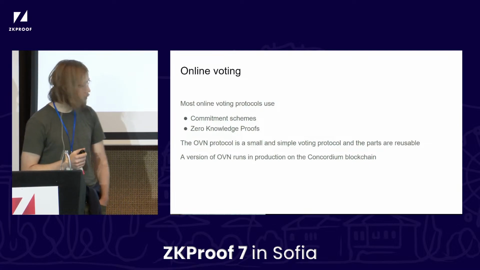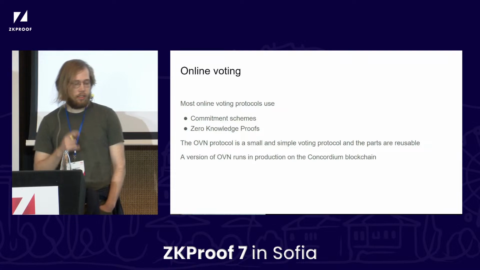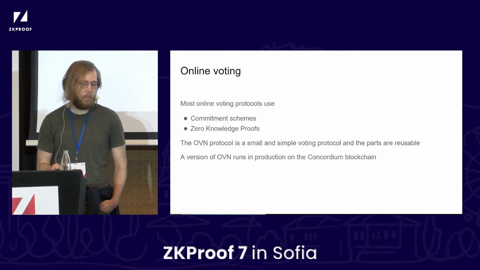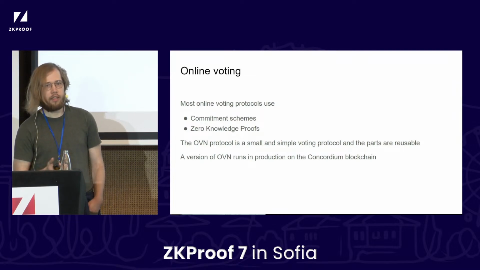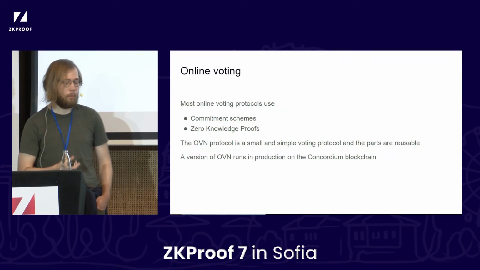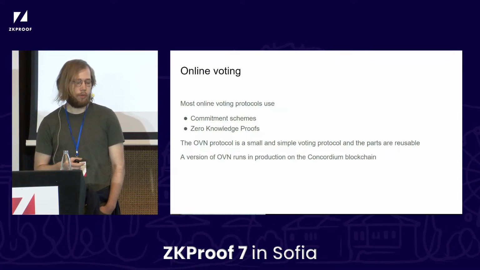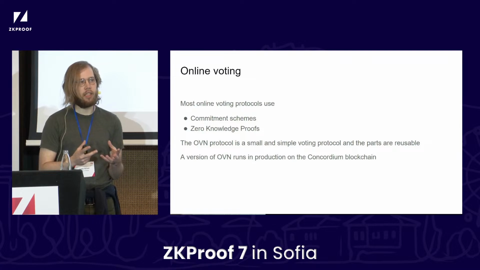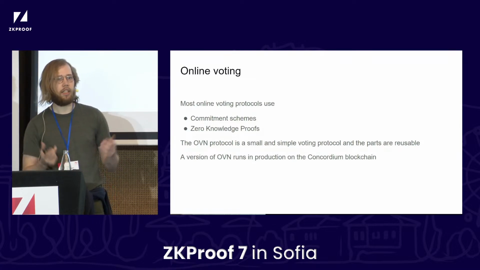Now, coming back to our case, which is a case of online voting. More specifically, we're looking at the Open Vote Network protocol, OVN. For OVN we're doing security proofs of a commitment scheme and two zero-knowledge proofs. The OVN protocol is quite simple. However, many of the parts are parts you would also use in larger protocols.